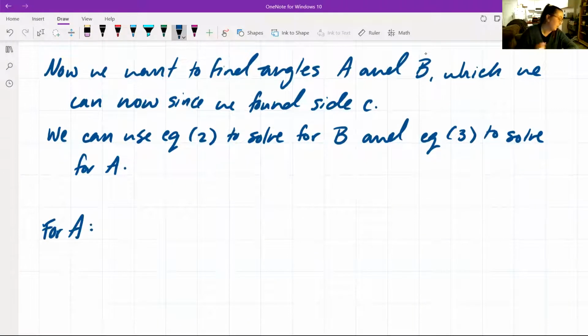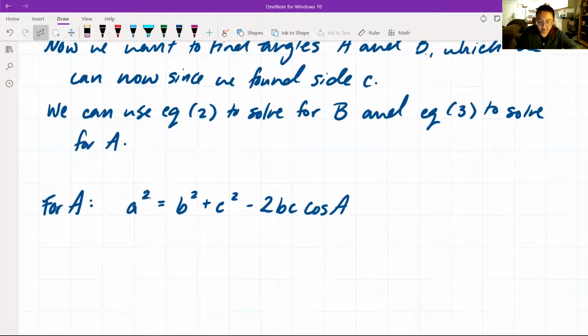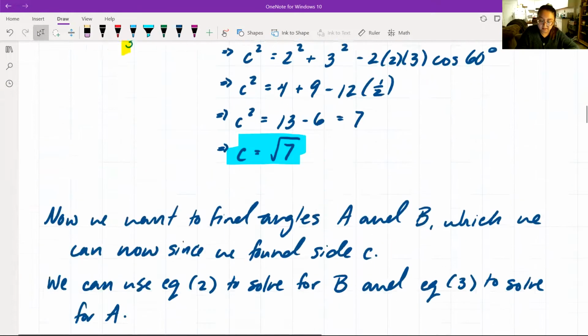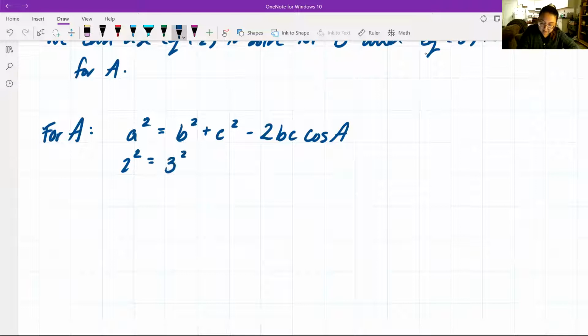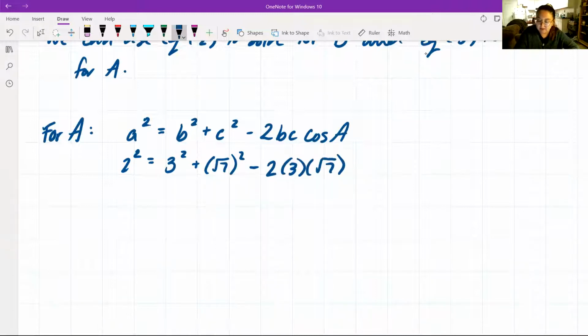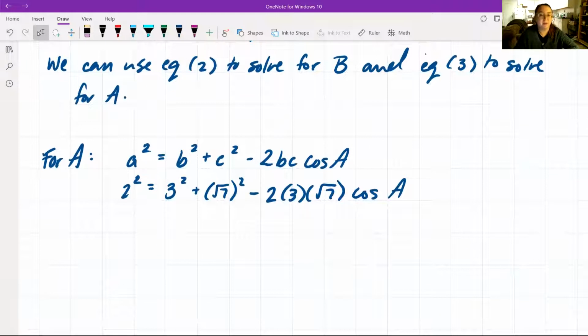So for A, we're going to use equation 3, which tells us that A squared is equal to B squared plus C squared minus 2BC times cosine of capital A. So plugging in our values, A was 2, B was 3, so we have 2 squared is equal to 3 squared plus the square root of 7 squared, so that's just going to be 7, minus 2 times 3 times the square root of 7 times cosine of A. So A is our only missing term, so we're going to end up needing to solve for A. Let's just simplify.